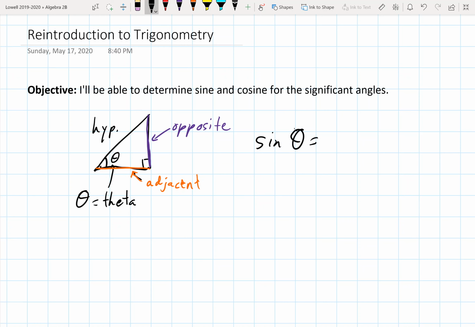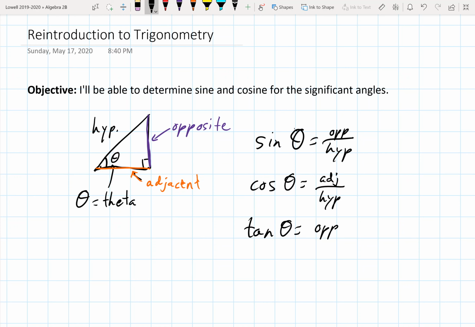SOH: sine equals opposite over hypotenuse. Cosine of theta is equal to the adjacent leg over hypotenuse. And the last one is tangent, which is equal to the opposite leg over the adjacent leg.